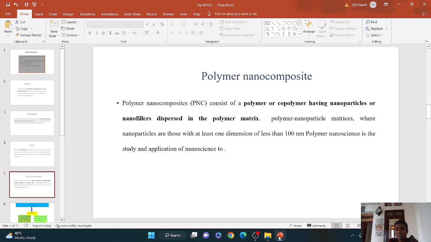That composite material is named a polymer nanocomposite. In polymer nanoparticle matrices, the nanoparticles are those with at least one dimension less than 100 nanometers. Polymer nanoscience is the study and application of nanoscience to polymer material.